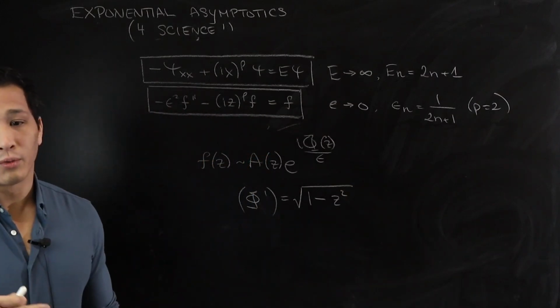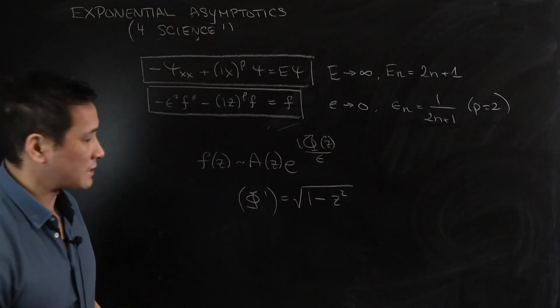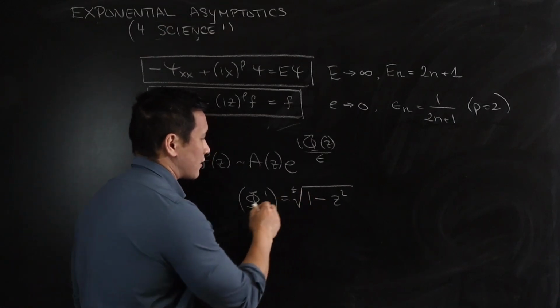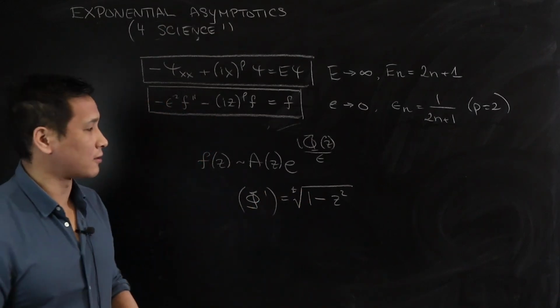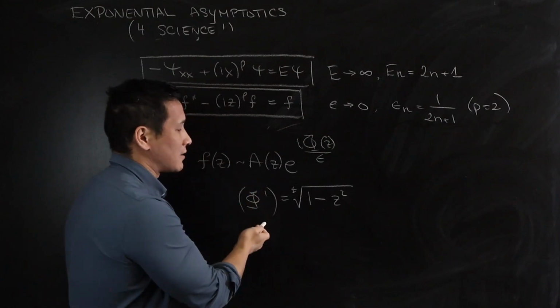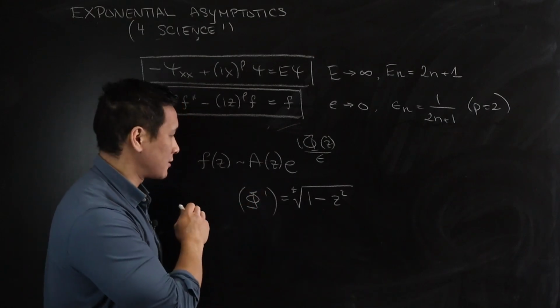Okay, with both plus or minus branches possible, and then the branch that you should take depends on how you want your phi to tend to in the appropriate limit.